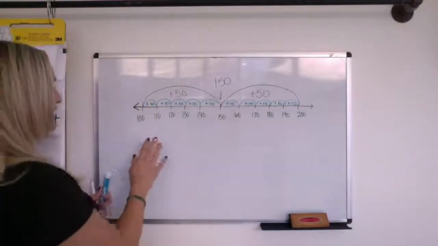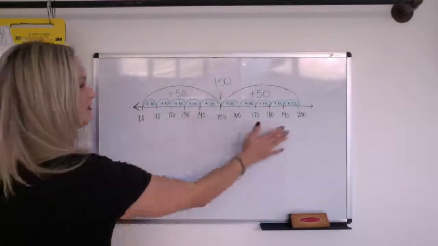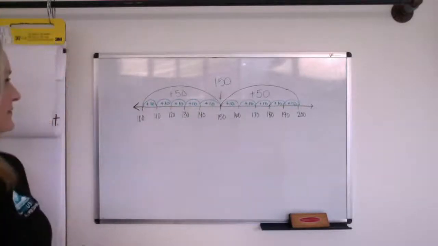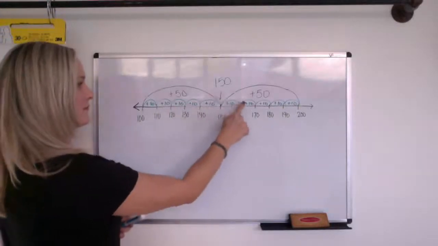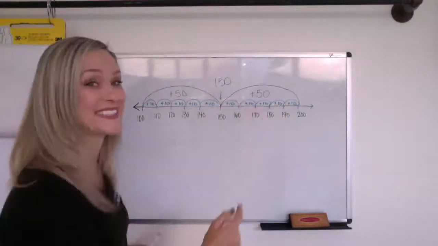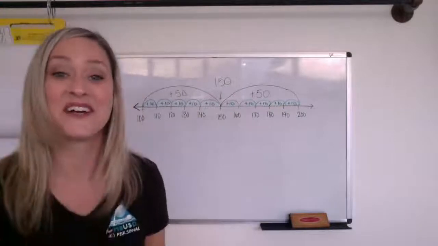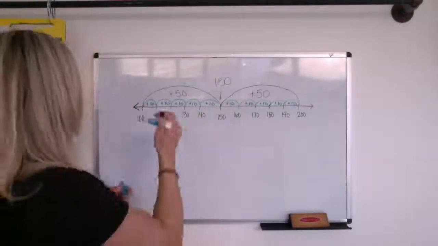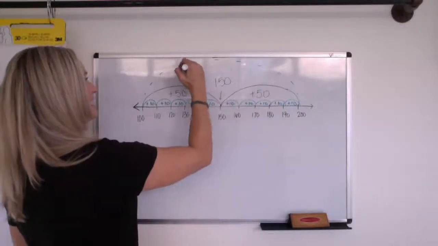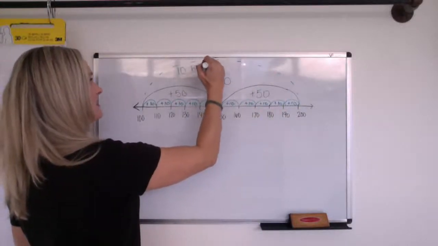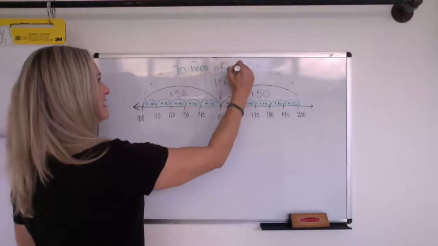Let's find out. How many hops of 10 do we have from 100 to 200? We had to have 10 hops of 10. So from here to here, we had 10 hops of 10.